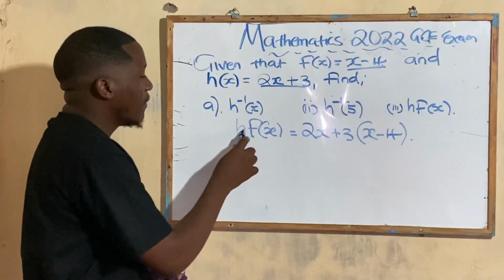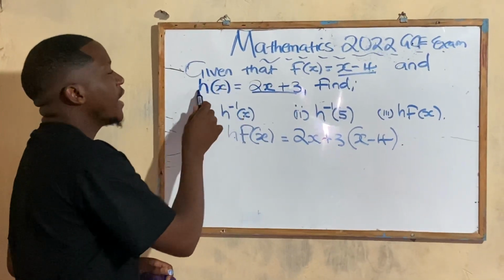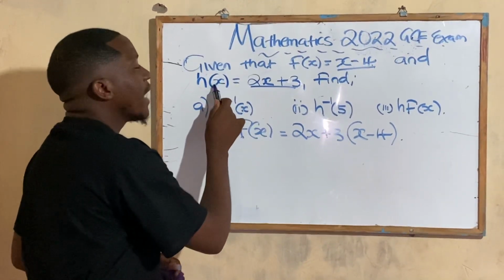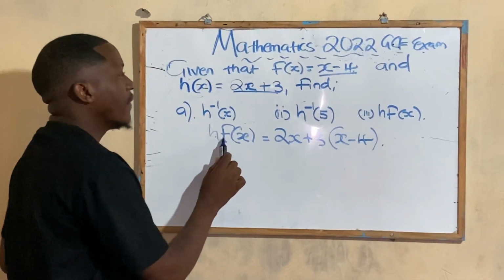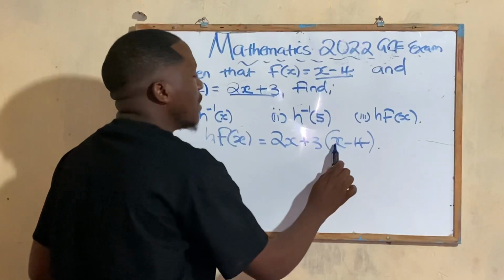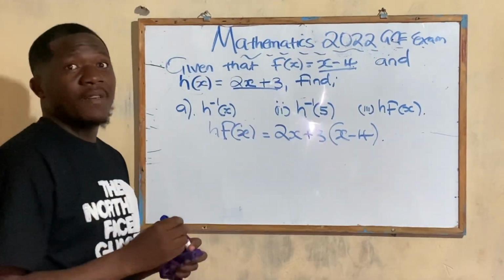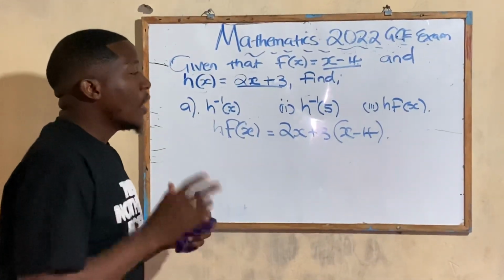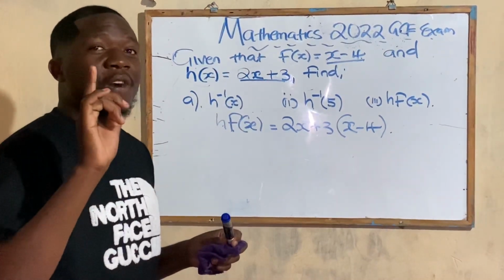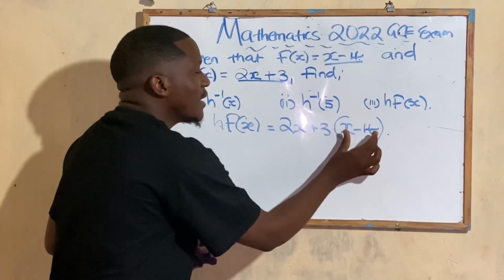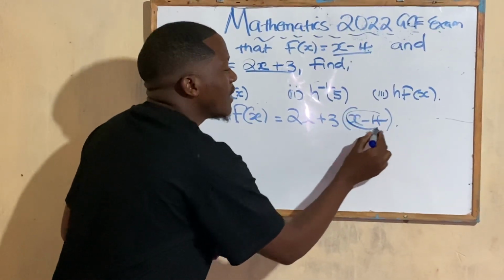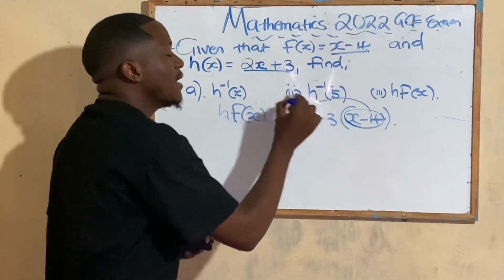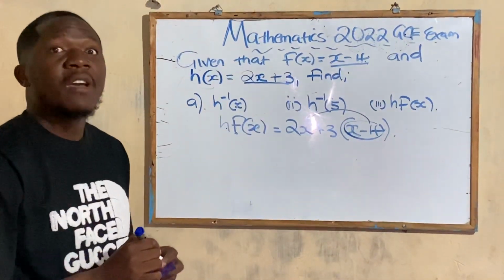So the first letter of the function was h, which means h of x. How is it defined? It is defined by 2x plus 3, which is here. How about f? f is defined by x minus 4, which is x minus 4 here. And having done that, when you are trying to combine two functions, you replace the last expression of function, which is in the brackets here, in the position of x in the first function.